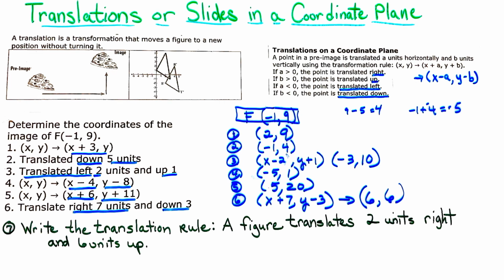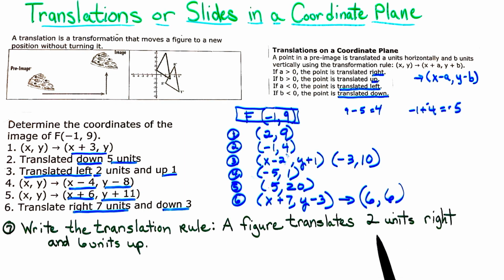So now for the last question, it says write the translation rule. That means we're going to write something that looks like number 5 or number 4. They're saying a figure translates 2 units right and 6 units up.